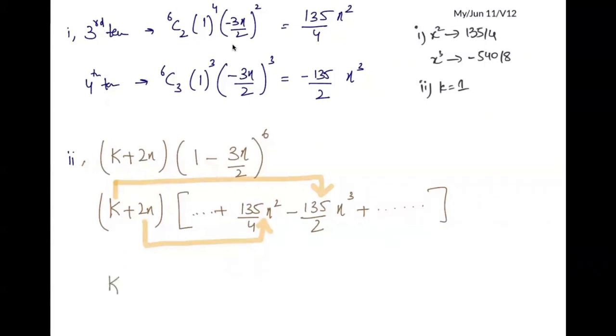So you are going to multiply k with minus 135 upon 2x cubed, and plus 2x with 135 upon 4x squared.